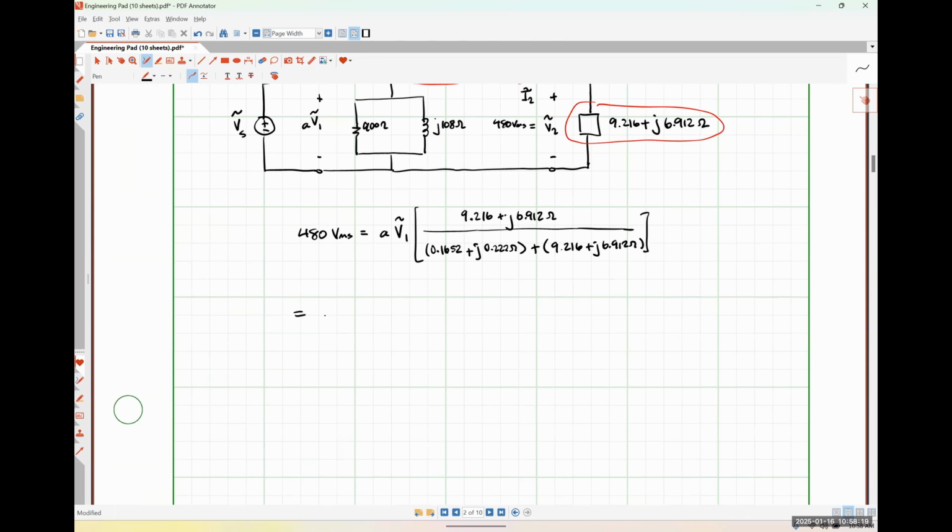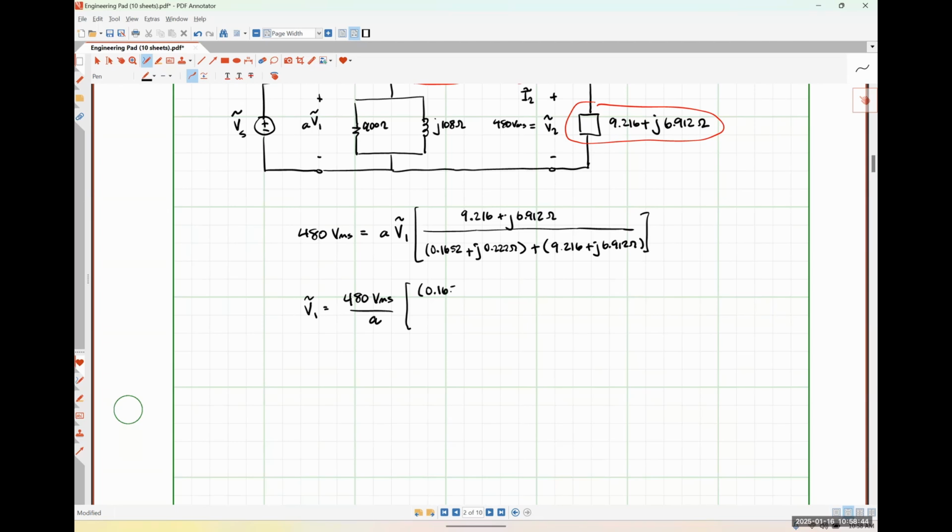And so from this, we could say that V1 is just going to be 480 volts RMS divided by A multiplied by the reciprocal of that resistance ratio or impedance ratio.